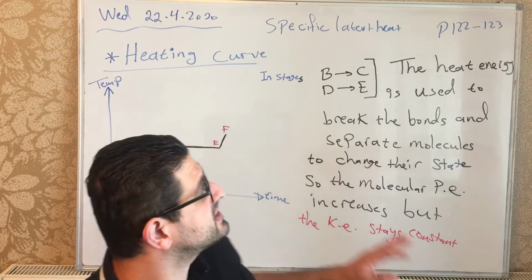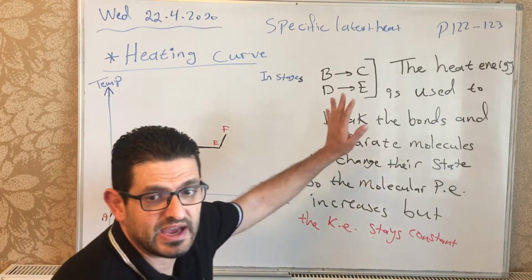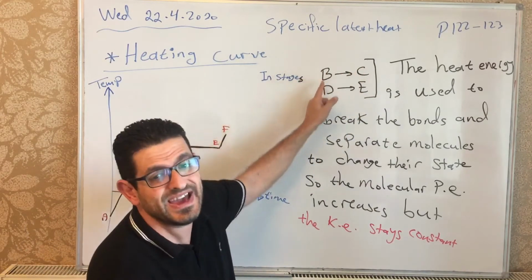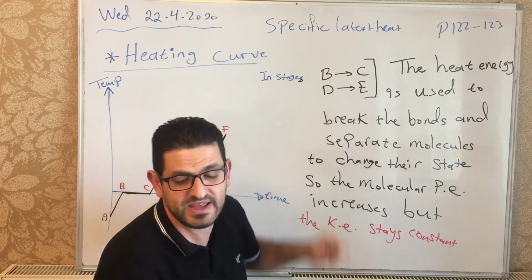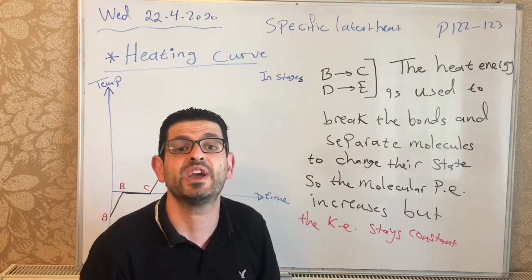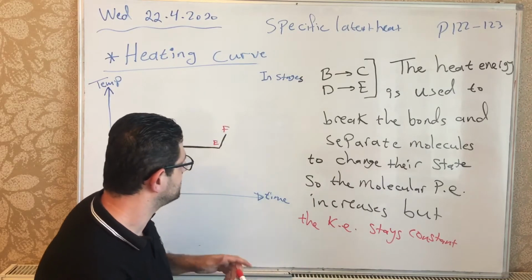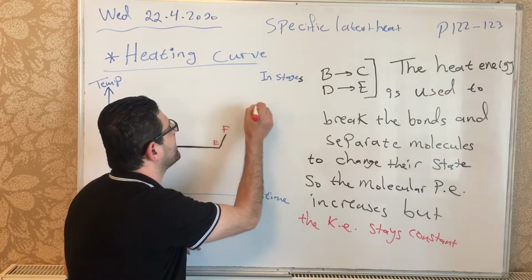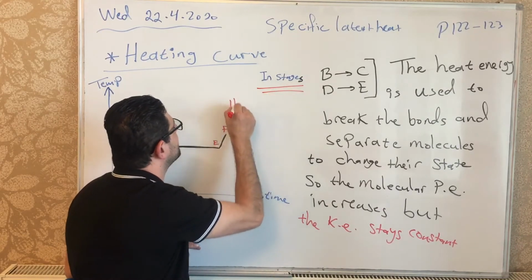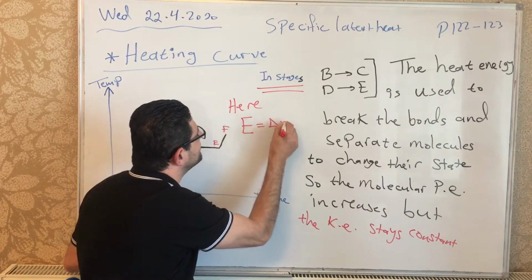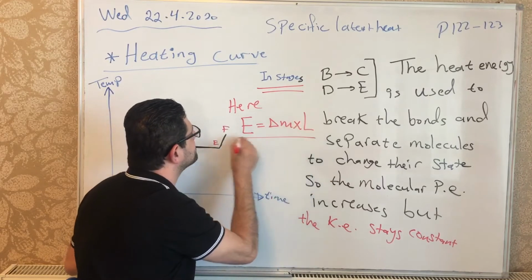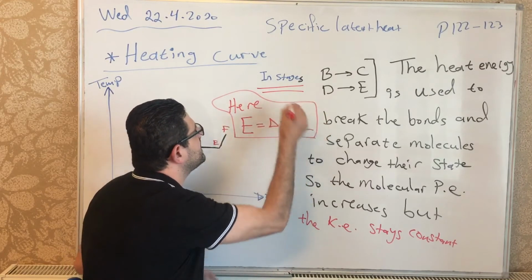Excellent. Now here, if I'm asking you to calculate the heat energy used in BC, or calculate the heat energy used in DE, what is the equation? Energy equals delta m times L in these stages.